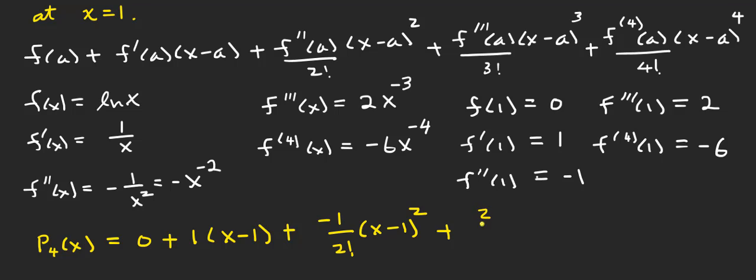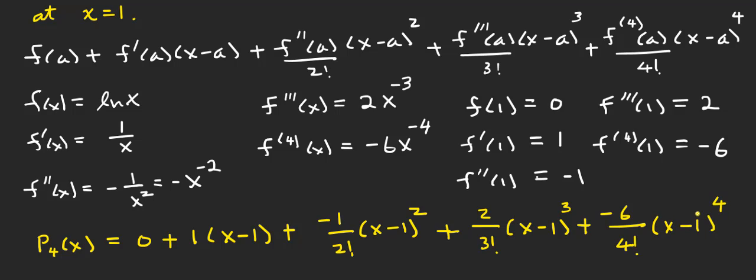So it's going to be 2 over 3 factorial times the quantity x minus 1 to the third, plus the fourth derivative of 1 is going to be negative 6 over 4 factorial times the quantity x minus 1 to the fourth power.